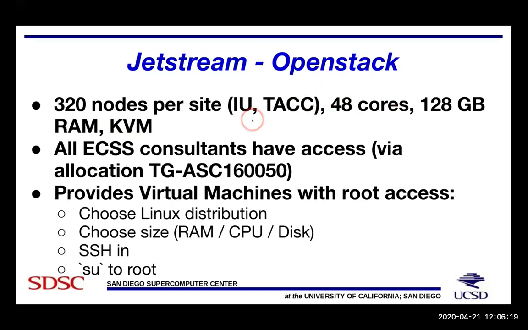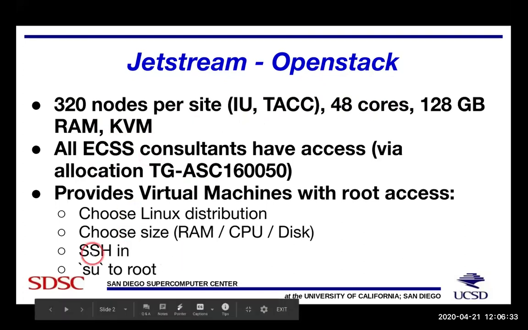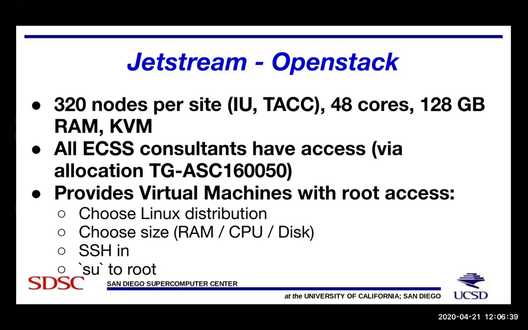So you can decide on the size of the virtual machine that you want, and the OpenStack software, which is handling the cloud environment, can provide this virtual machine. With this virtual machine, you can choose the image you want to start from, generally the Linux distribution.